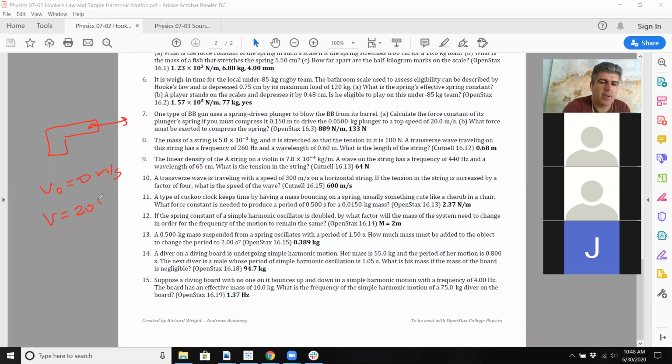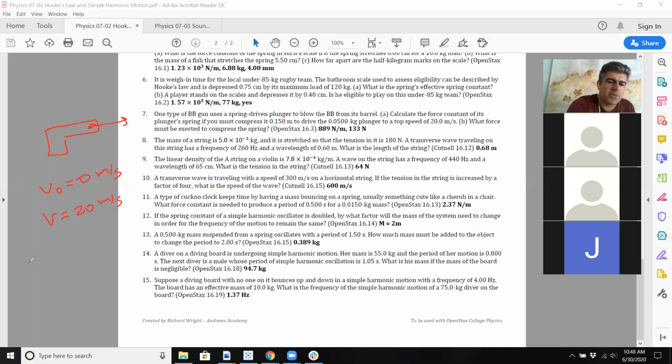So initially it's there, finally it's there. And you must compress it 0.15 meters to drive it to a top speed. So by the time it leaves, it's at 20 meters per second.